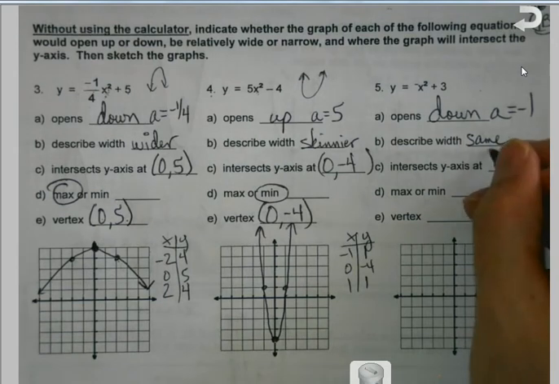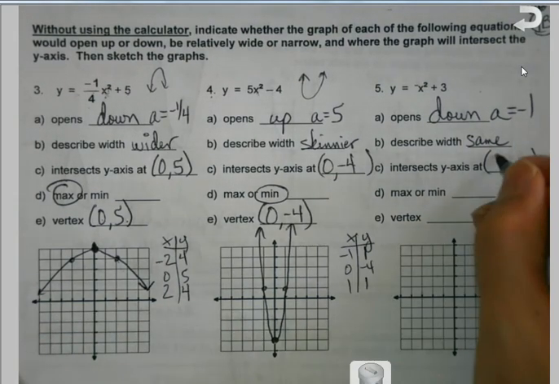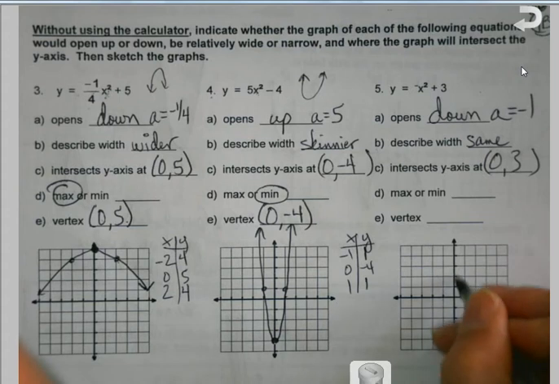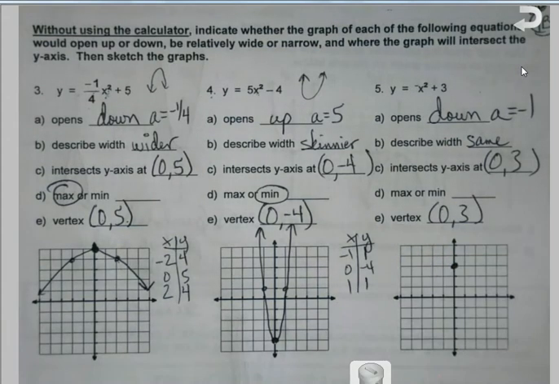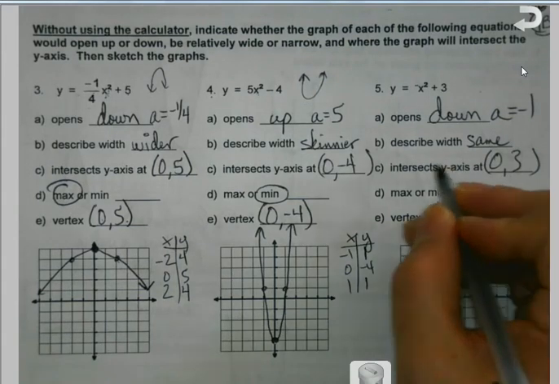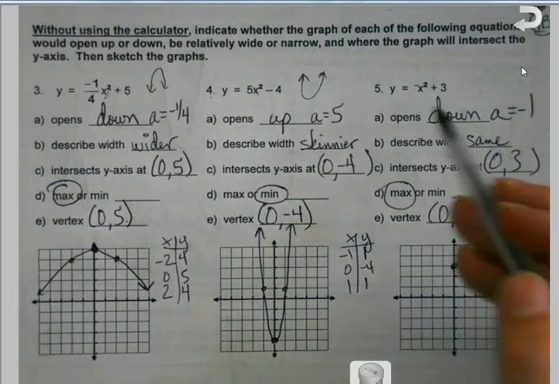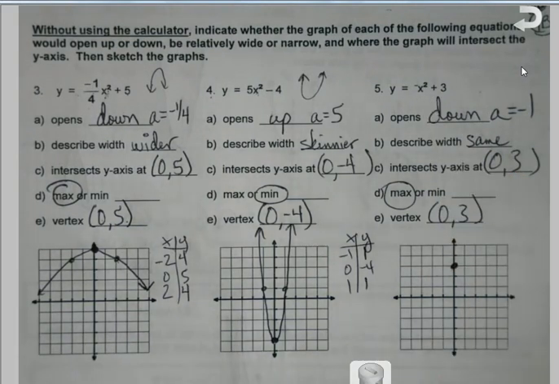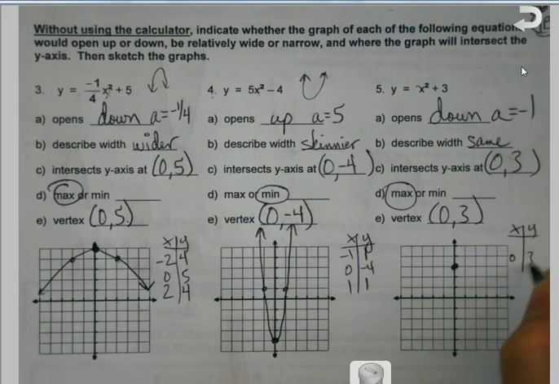So where are we going to be intersecting the y-axis at? 0, 3. Which is also going to be my vertex. And since we're opening down, what are we going to have? A max or a min? A max. And again, with just having a negative coefficient in front, it makes it kind of easy for me when it comes to dealing with the numbers.